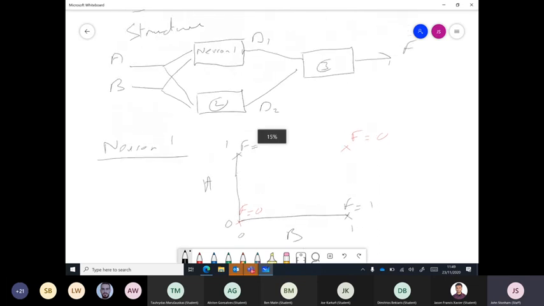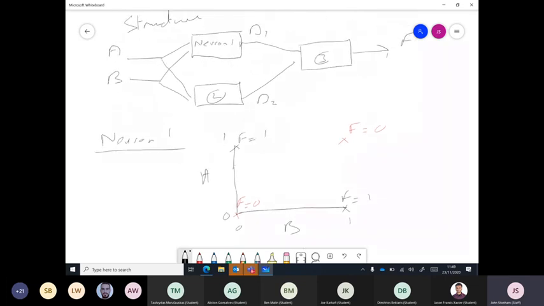Let's do the best we can for D1. And let's put D1 in here. It assumes we've got bias going internally in that neuron 1. And let's define this as the positive class and the negative class.